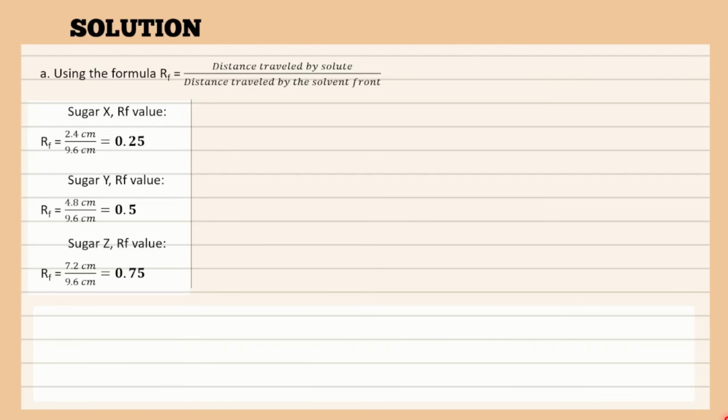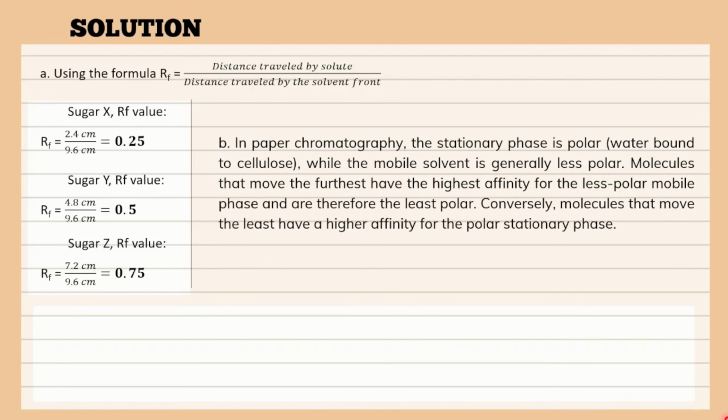So next we are told to arrange the sugars in increasing order of polarity. Now recall that in paper chromatography, the less the distance moved by a solute, the more polar that solute is. The stationary phase is polar, while the mobile phase is generally less polar. So obviously the smaller the RF value, the more polar a substance is.